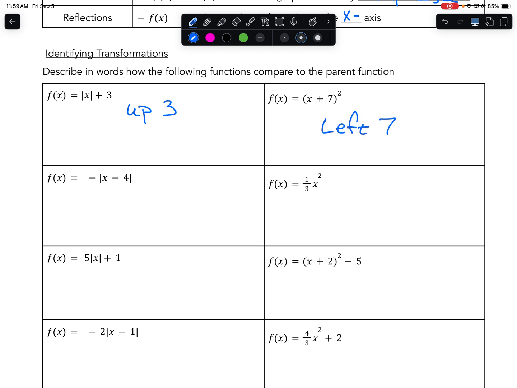Okay, how about this one, it has 2 transformations. What's this one in front? Reflect over the x, and right 4. So reflect x, right 4. I like to number them, going in left to right order. Reflect x, and right 4.